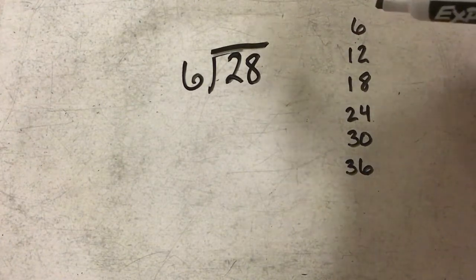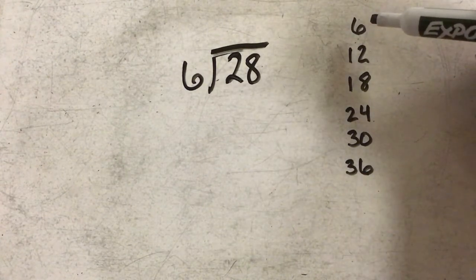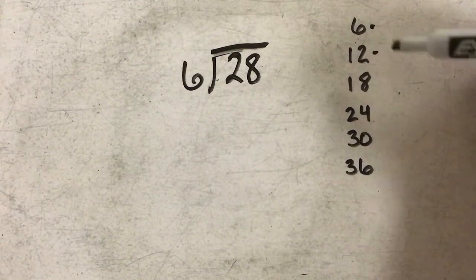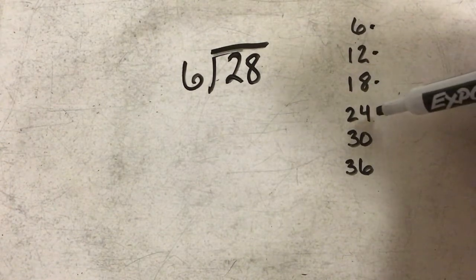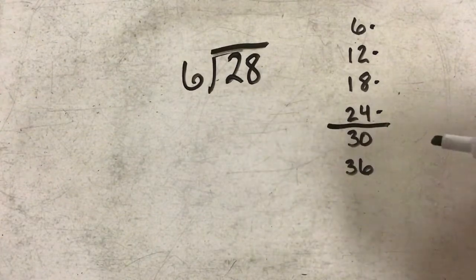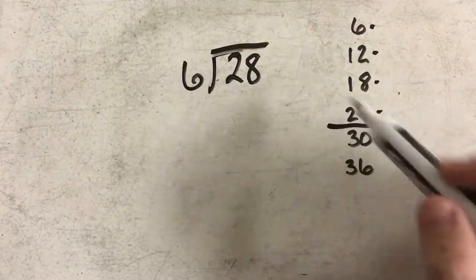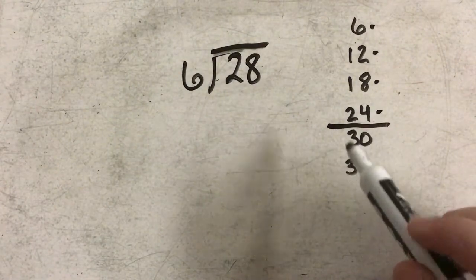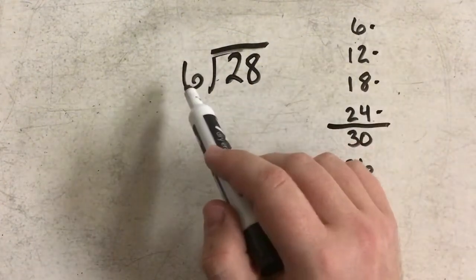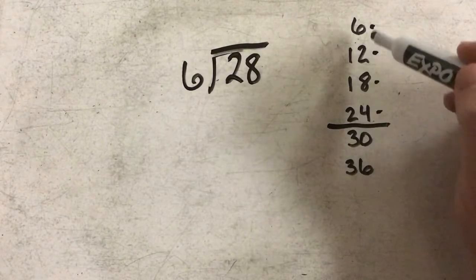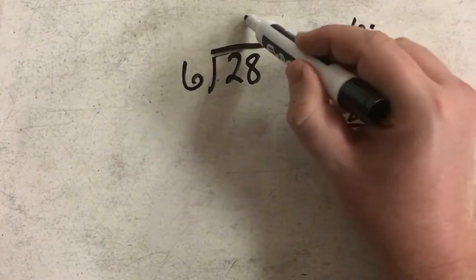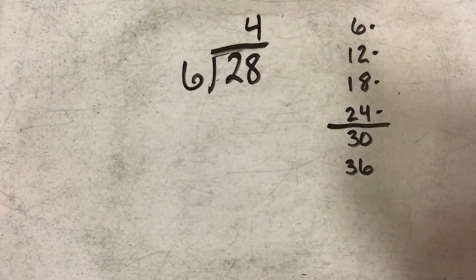So I'm going to be looking for a number that is just lower than 28. So I can make 1 group, 2 groups, 3 groups, 4 groups, but that's where I'd have to stop. I can't make 5 groups of 6 out of only 28. I would need 30 in order to do that. So I say that 6 divides 28 4 times.